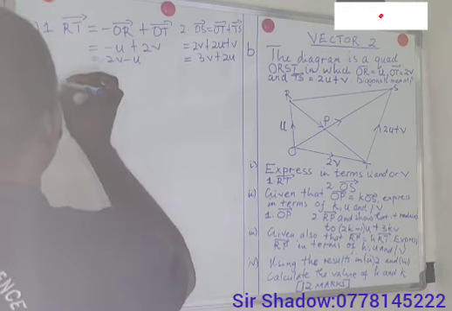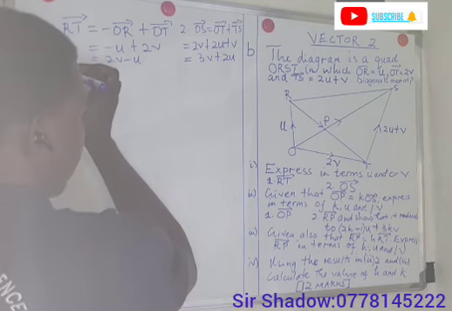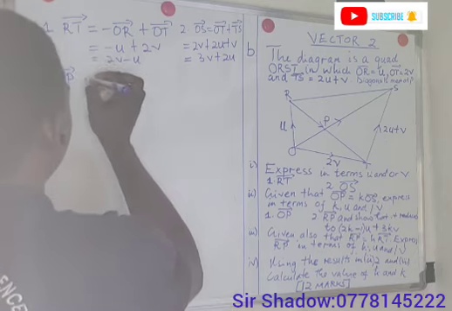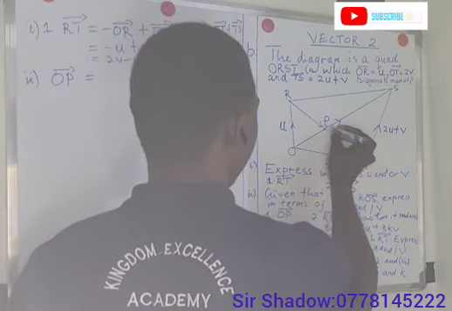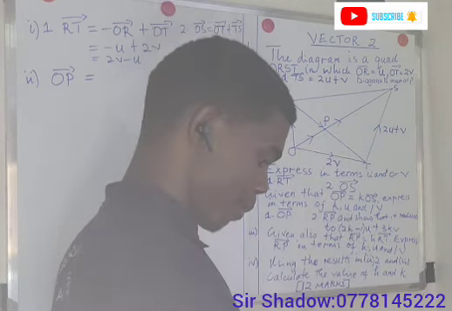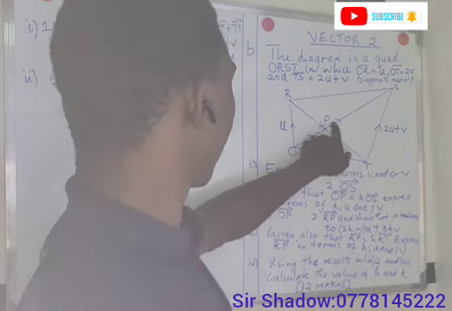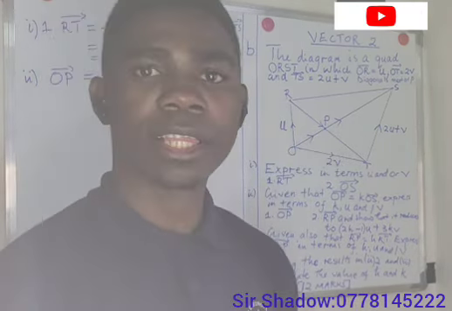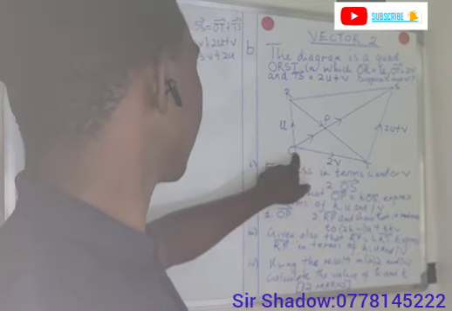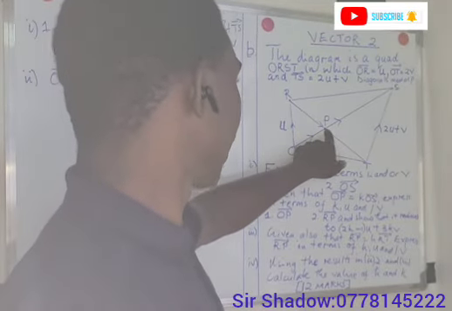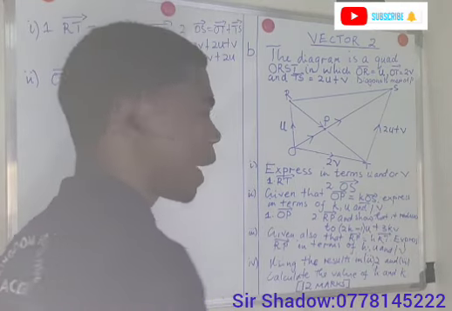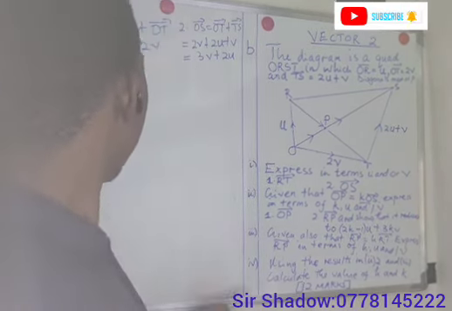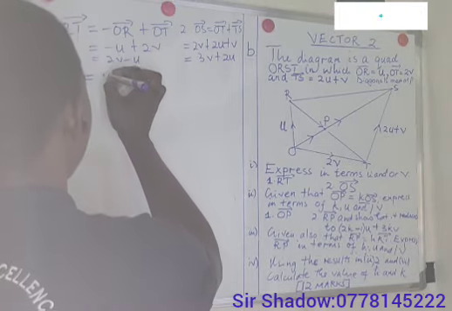OP, from O to P. So for you to find the vector OP, it is given that OP is equal to K times OS. So for you to find OP, you have to say K times OS.